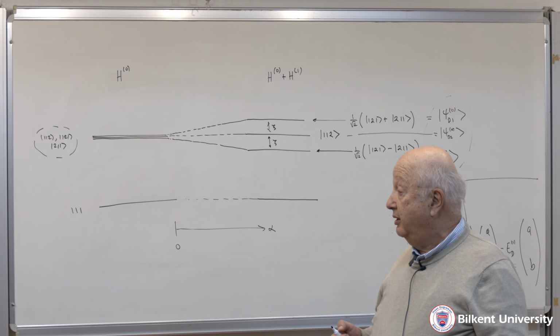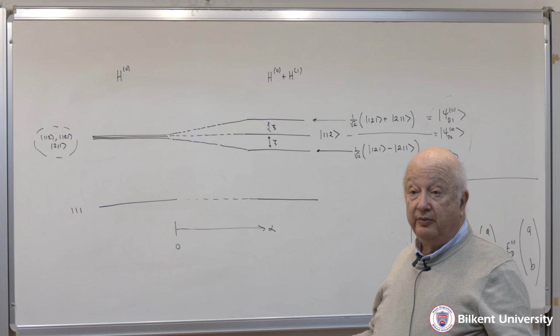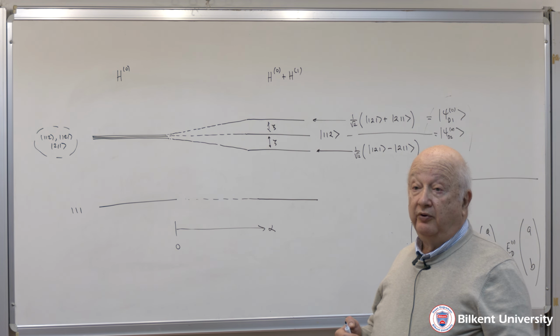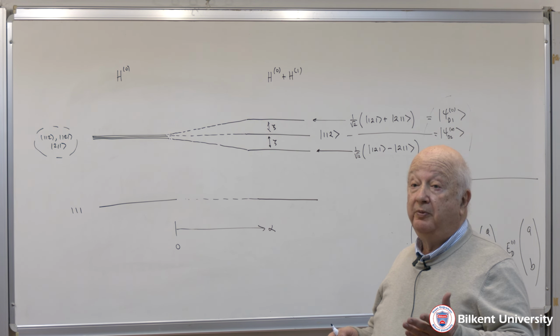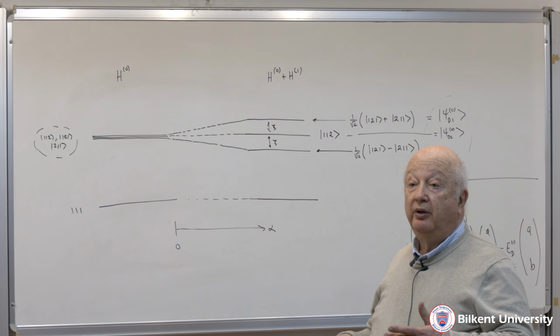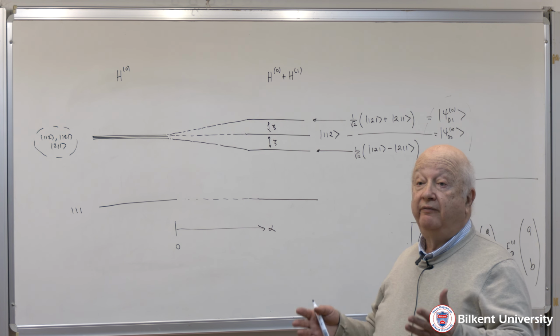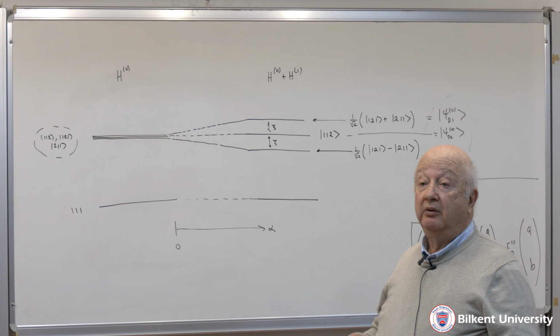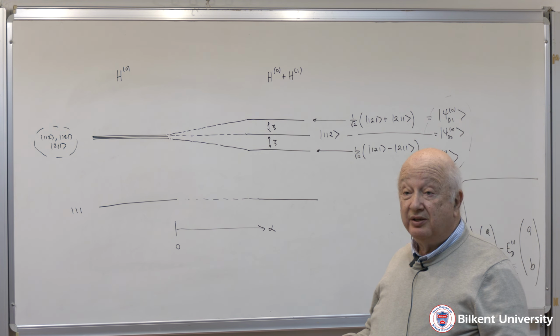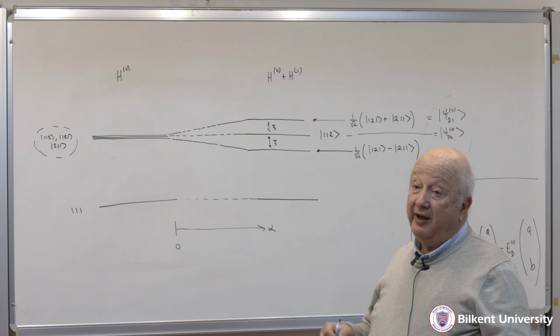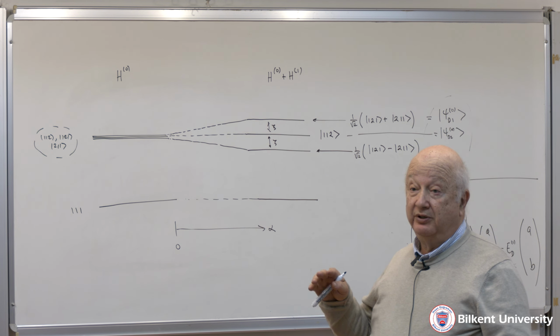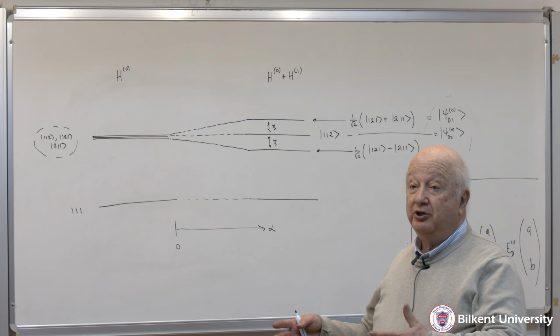That involves another operator, if you are making another measurement. If that operator commutes with the Hamiltonian, then they'll share the same eigenstates, but they may have different eigenvalues, obviously. That's why measurement is good.